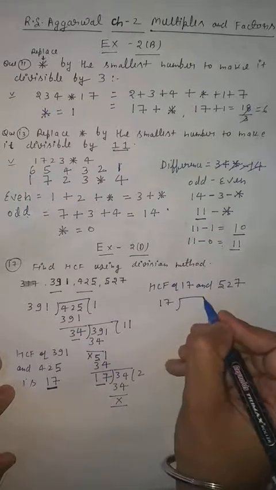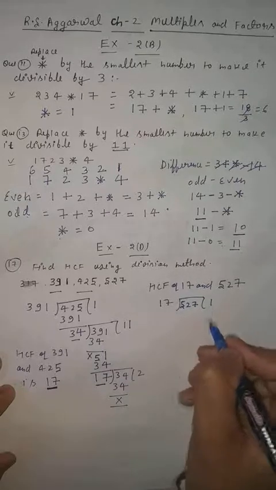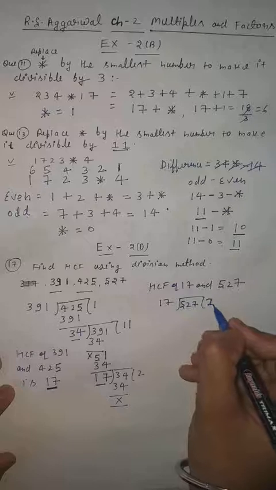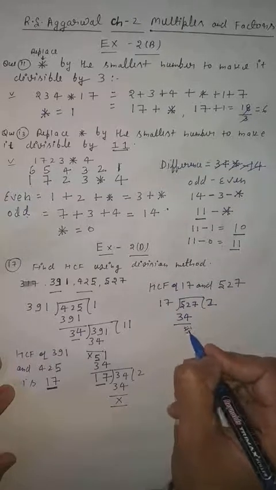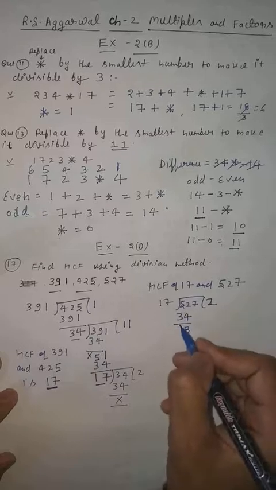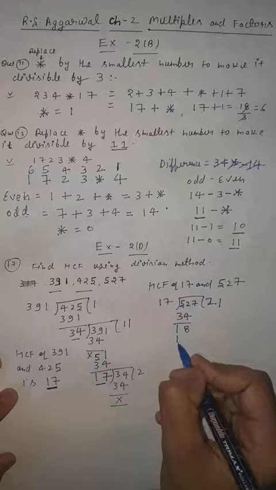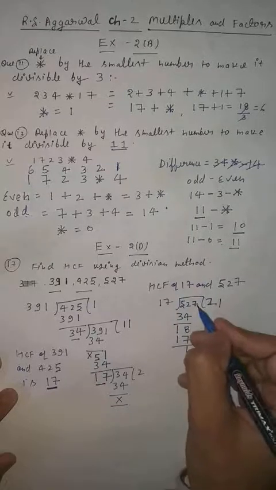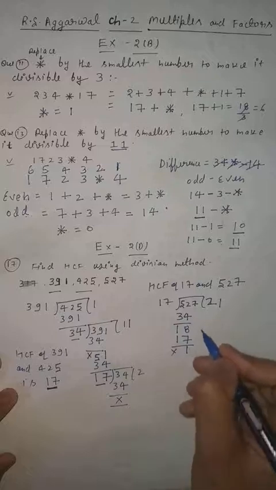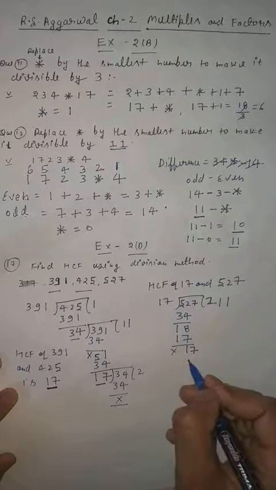17 and 527. So 17 1 ja 17, 17 2 ja 34. 12 minus 4, 8. 4 minus 3, 1. Clear, students? Then 17 1 ja 17, 8 minus 7, 1, what remains here is 7. Now 17 1 ja 17.